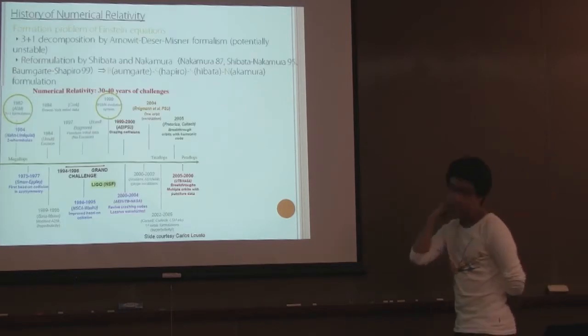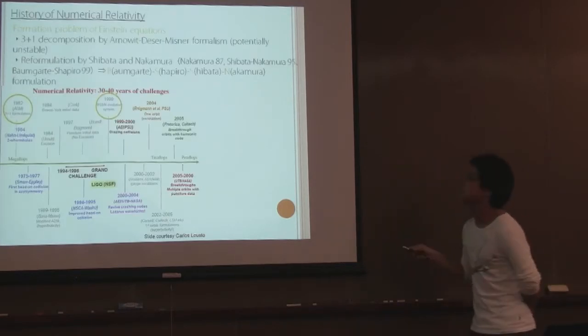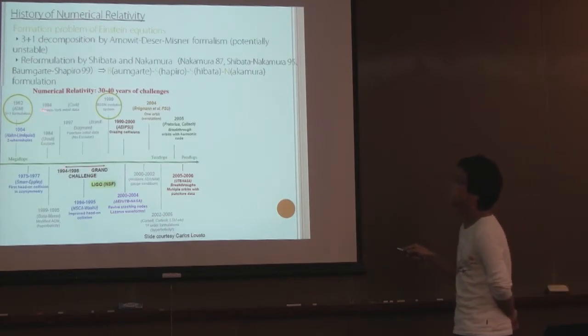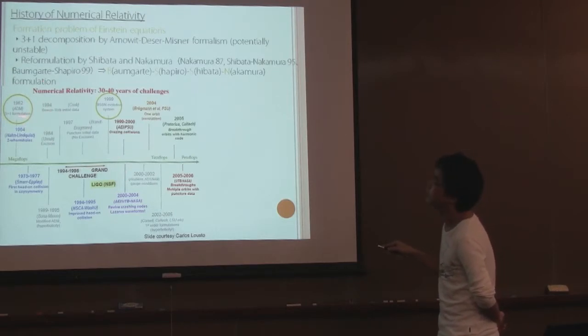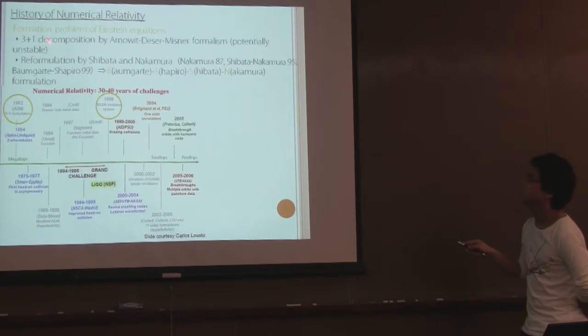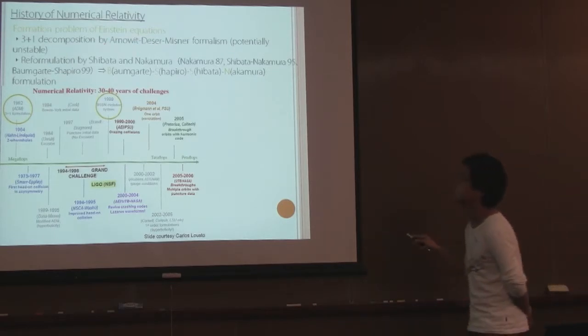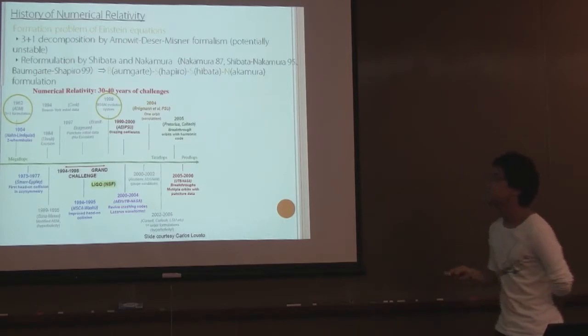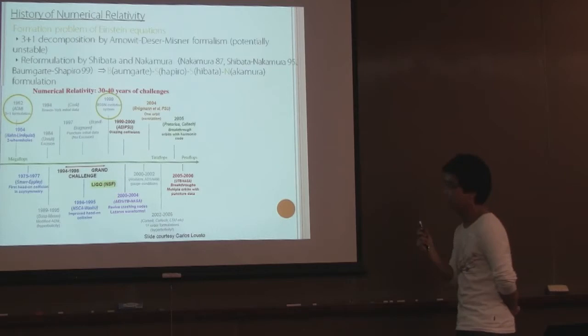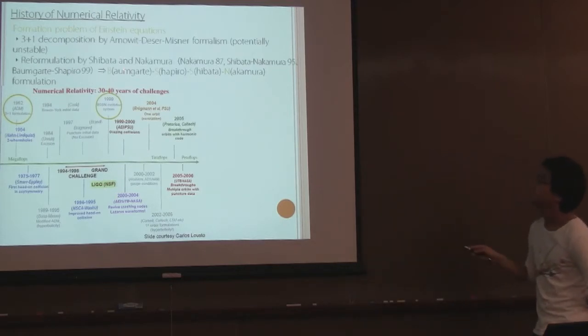Next, let me give a brief review of the history of numerical relativity. This is a chronology of numerical relativity, and numerical relativity began around the 60s. It was thought that the 3+1 decomposition formulated by Arnowitt, Deser, and Misner was useful for numerical simulations, but some numerical experiments showed that the simulations crashed due to the constraint violations.